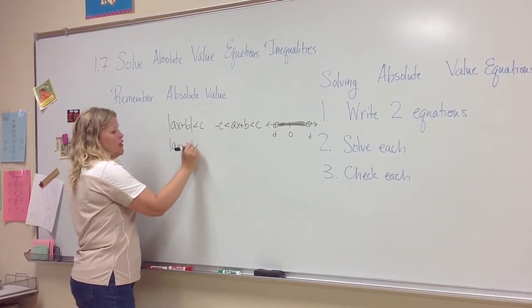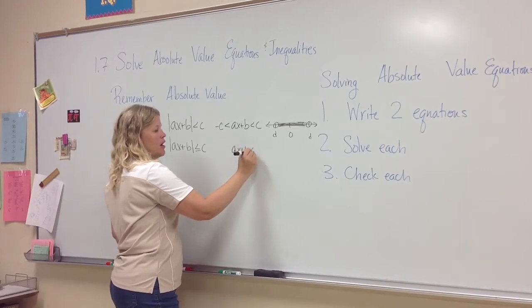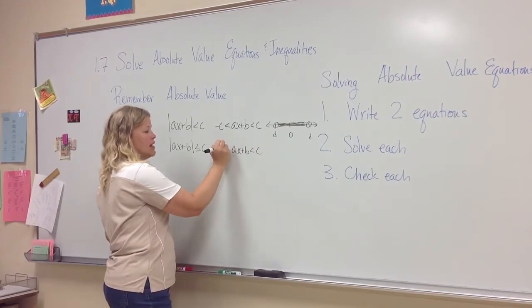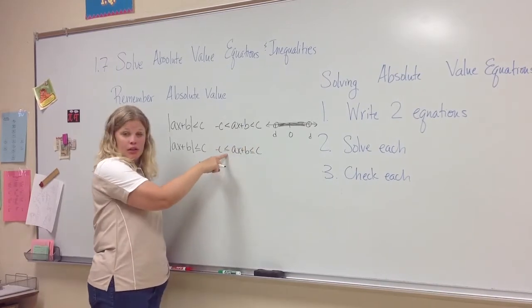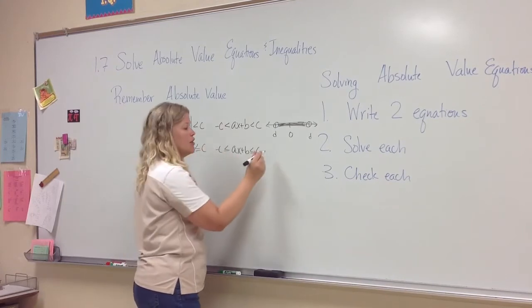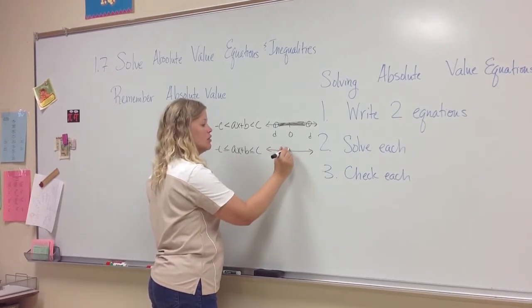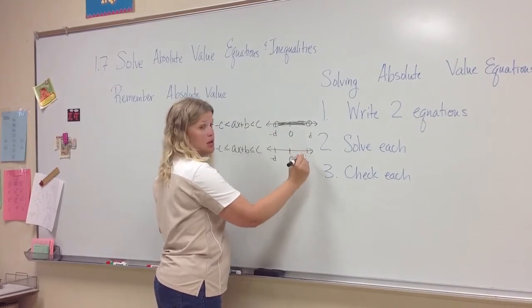Likewise, if you have it less than or equal to, rewrite it, and now rewrite it, but the only difference is or equal to. So how will the graph change? You're right, you've got to close the circles. So we'll just label this, oh, there should be negative D, sorry.